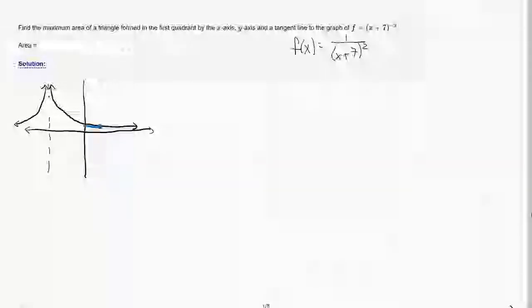So maybe the tangent goes right there and right over here, and we form a triangle. Notice this is a right triangle, this little triangle sitting right here, and we want to figure out the maximum area of that triangle.